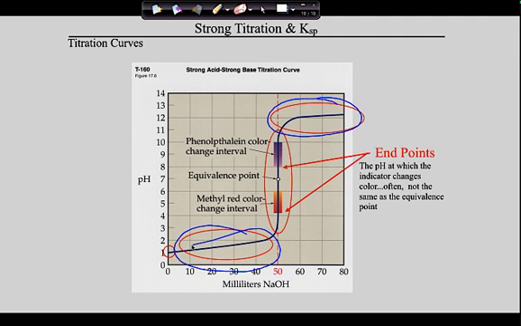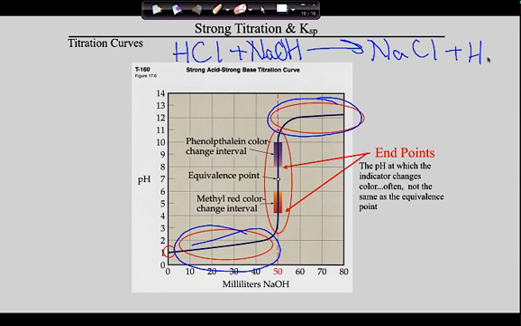The answer is there's still some unreacted HCl. Does that make sense? So remember the chemistry. It's HCl plus NaOH forming salt water. So the idea is that down here before equivalence, some of the HCl has been converted into salt water. The HCl that hasn't been converted into salt water is creating a low pH.